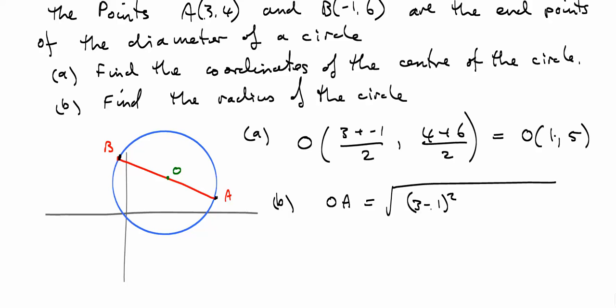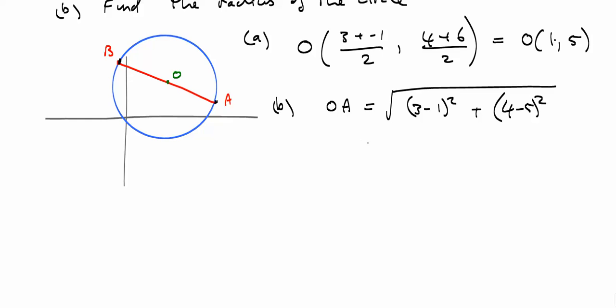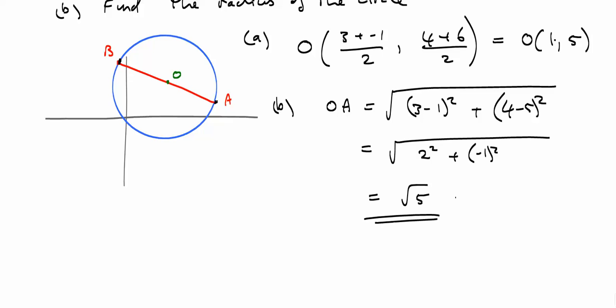Of course, you could put 1 minus 3 squared. It's the same thing, because when you square it, you get the positive, plus (y2 minus y1) squared, which would be (4 minus 5) squared. So that is the square root of 2 squared plus minus 1 squared, which is 4 and 1. So that's the square root of 5. So the radius is the square root of 5.